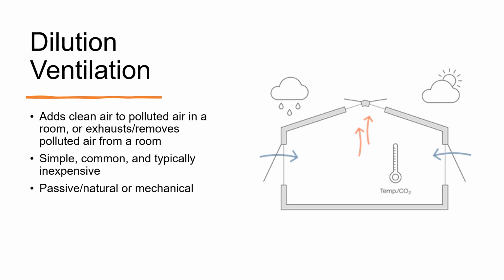You can see an example of passive dilution ventilation in this slide, where we have a room that is ventilated with the use of open windows. So you can see the windows are open on the sides, and the air represented by those arrows, cooler air, is flowing into the room, cool, clean air. And then they're also utilizing a temperature difference.